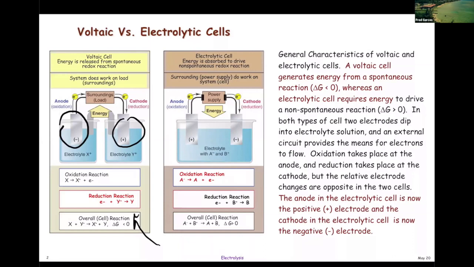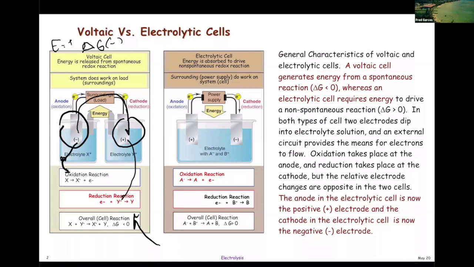This is a spontaneous reaction, so delta G is negative, and the electrochemical potential E0 or E is positive. And the electron is going to get pumped from the anode to the cathode. You get the oxidation at the anode, you get the reduction at the cathode.